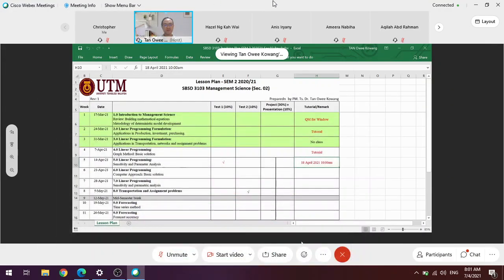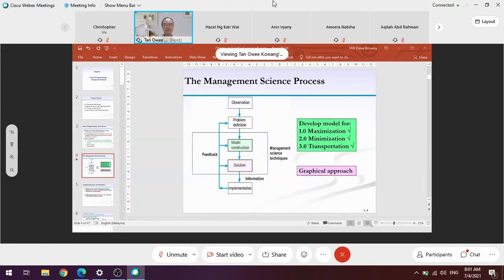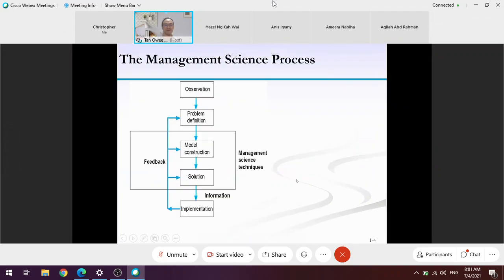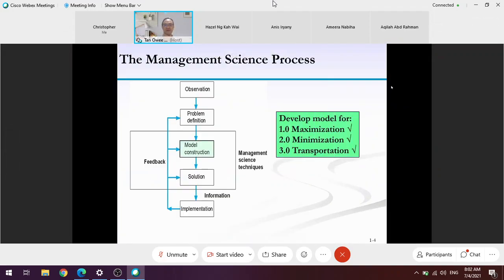So the topic that we're going to talk about today is graphical methods. Let me adjust my writing panel.